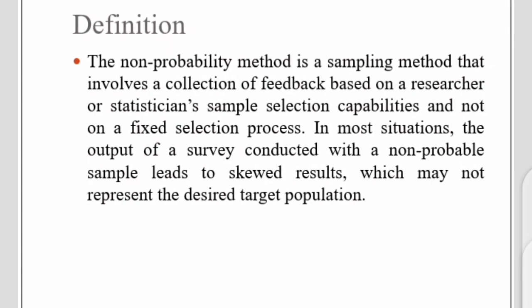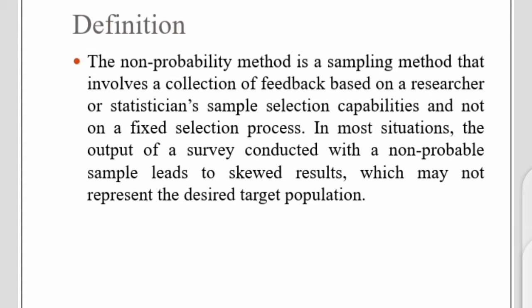Definition: the non-probability method is a sampling method that involves a collection of feedback based on a researcher or statistician's sample selection capabilities and not on a fixed selection process.